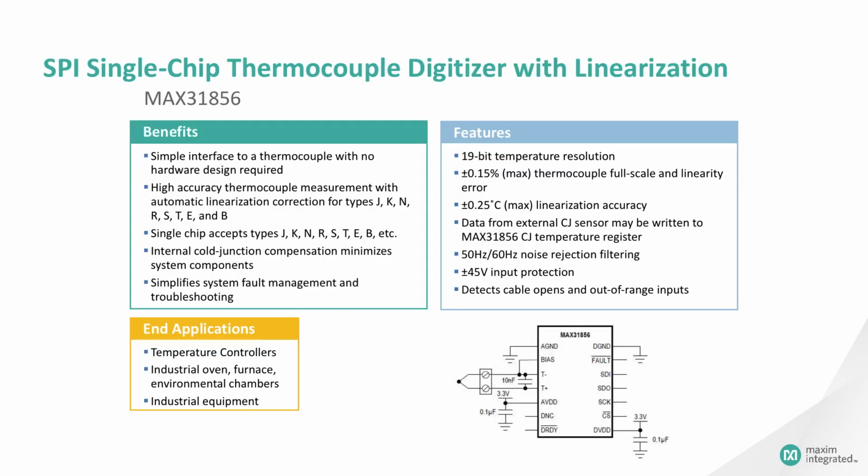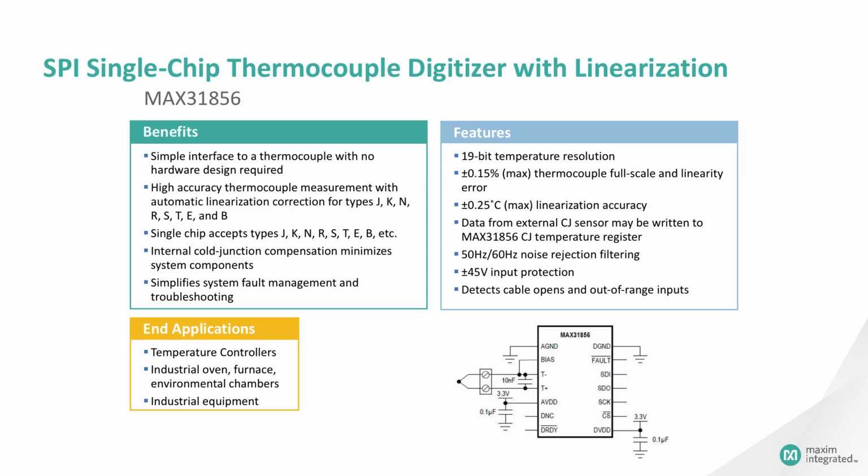The MAX31856 is a highly integrated IC that digitizes the signal from any of the most popular types of thermocouples, reporting an output formatted in degrees Celsius. This converter resolves temperature to 0.0078125 degrees C and allows readings as high as plus 1800 degrees C and as low as minus 210 degrees C, depending on the thermocouple type.